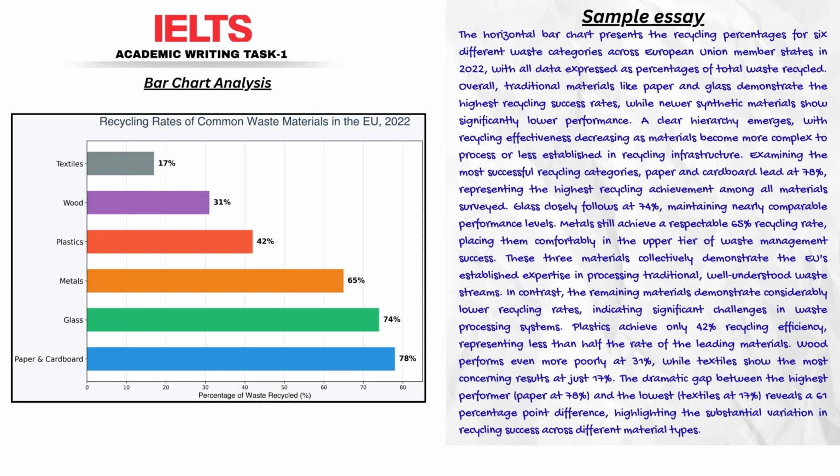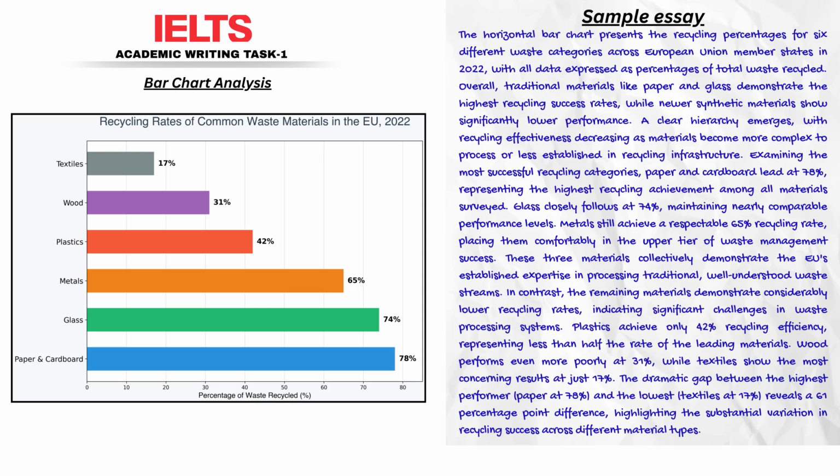A clear hierarchy emerges, with recycling effectiveness decreasing as materials become more complex to process. Notice 2 things. First, no specific percentages. The overview is for the big picture only. Second, it identifies the key pattern. Traditional materials perform better, and there's a clear hierarchy. This demonstrates analytical thinking. Now we move to the body paragraphs, where the details live.